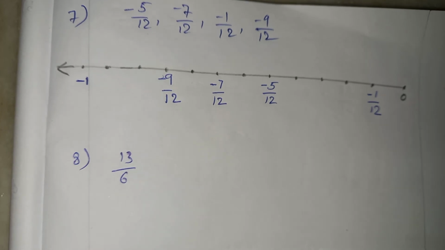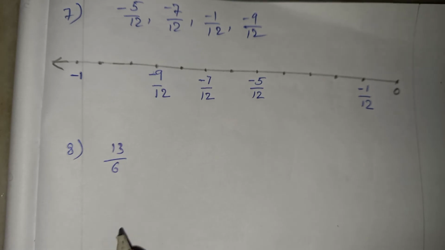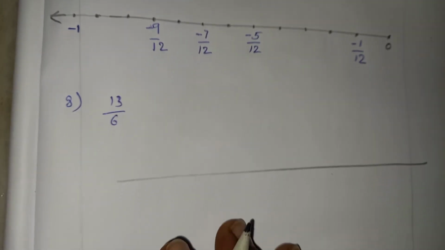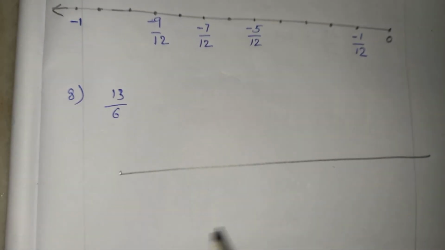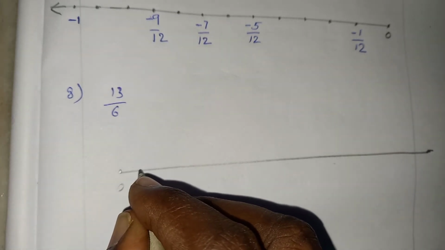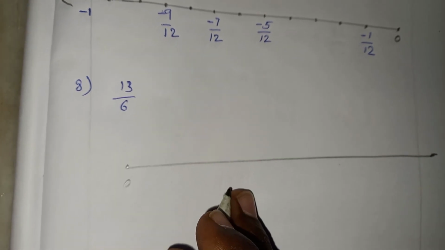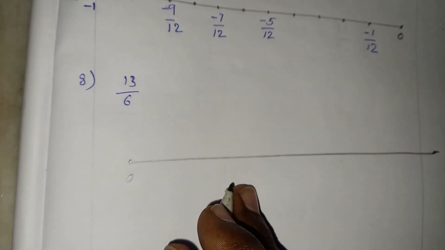The denominator is 6, so you have to make 6 parts. From 0 to 1 we have to make them? No. After 2 we have to make 6 parts.